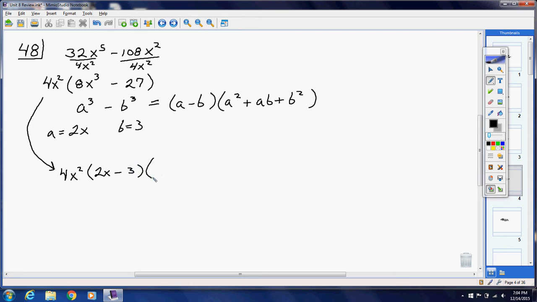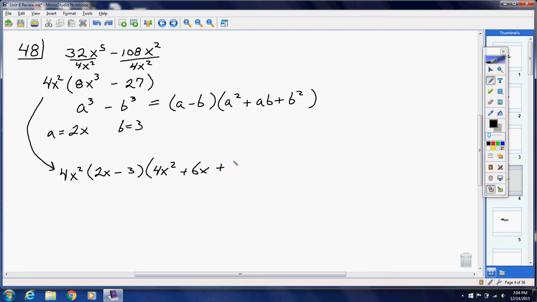And this time I'm doing a little bit of it in my head here. And then a squared, that's 2x squared, so that is 4x squared, plus a times b, that's 6x, plus b squared, which is 3 times 3, which is 9.